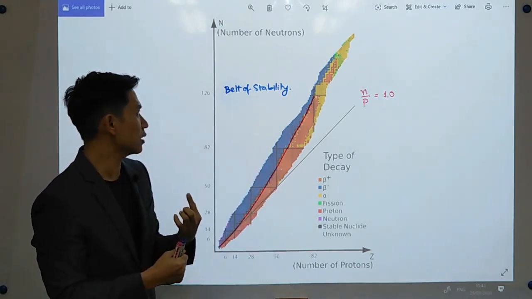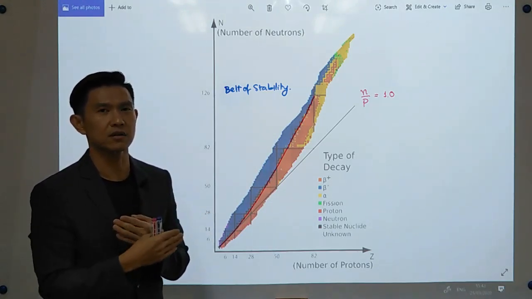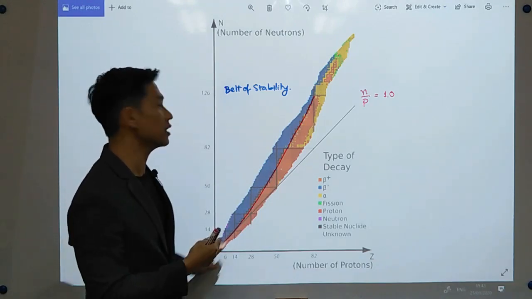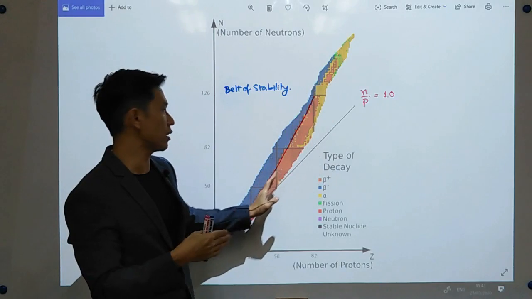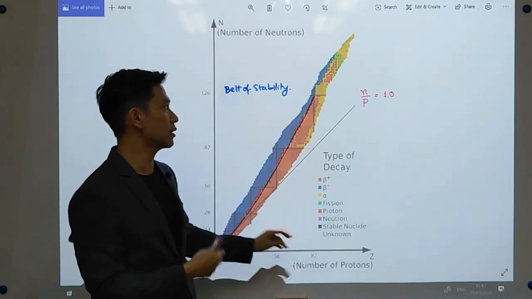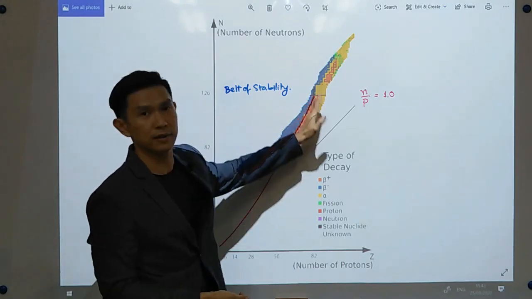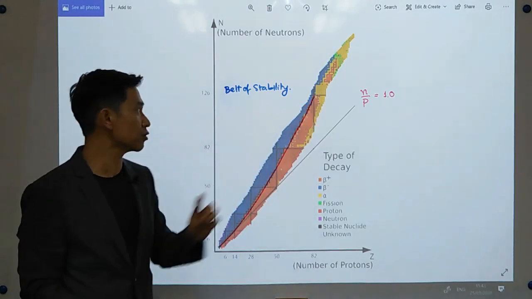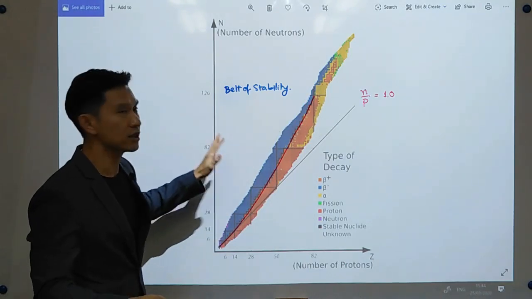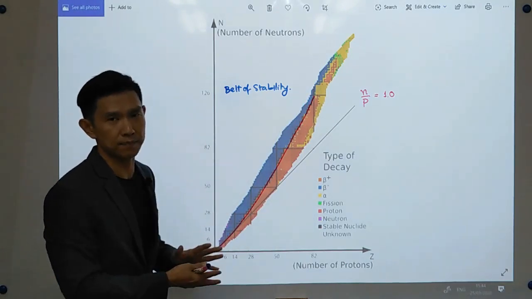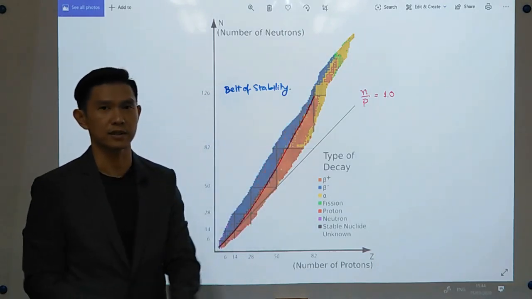So the electrostatic repulsion among protons is increasing kind of exponentially, right? So you need more neutrons when you have a higher number of protons. I mean the ratio is increasing as well. Okay, so this is the belt of stability. So if your element is not in the belt of stability, you have to push it back to the belt of stability.